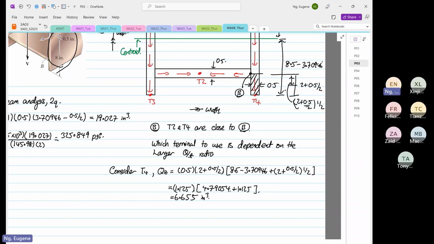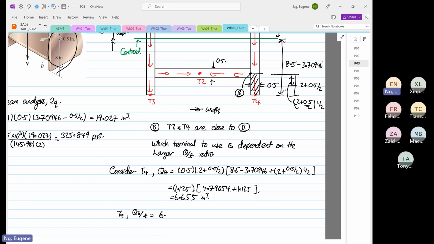So now, before we go there, if we do the QZ over T ratio for T4, right?